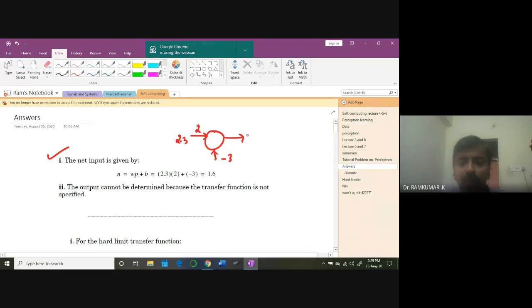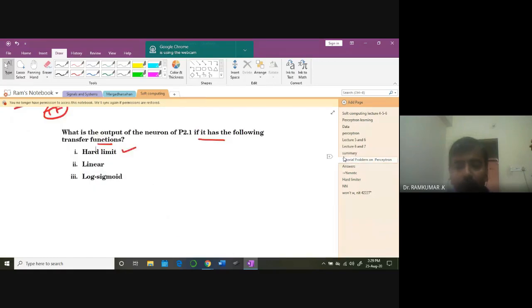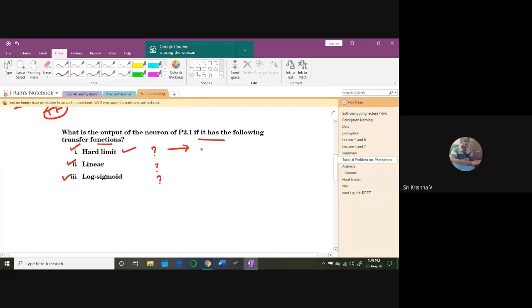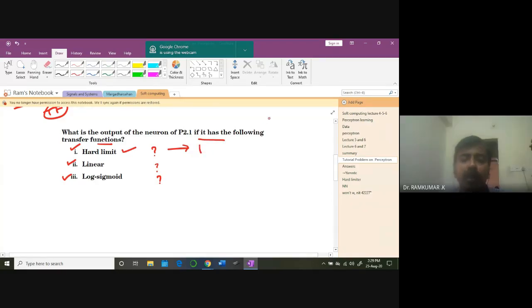For this, what did you get? 1.6. So if we pass 1.6 to 3 functions, one is the hard limiter, another one is the linear, tell me the outputs. What is the first output? 1. That's right, 1.6 is greater than 0.